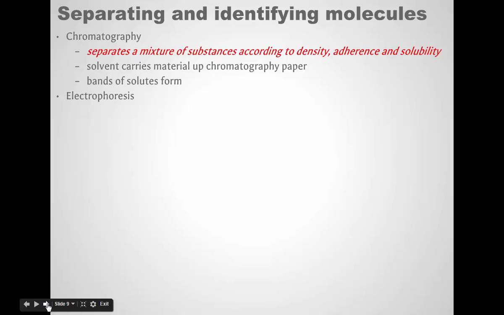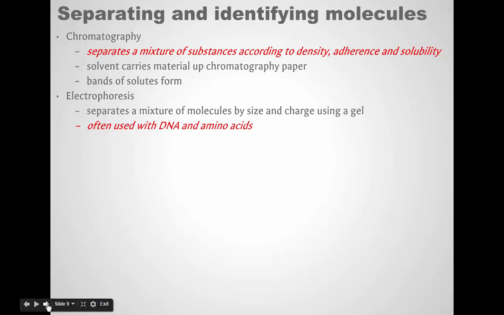Electrophoresis works kind of in a similar way, but using electrical charges to separate molecules. Electrophoresis is used often with DNA or the amino acids from proteins. If you've ever heard of a DNA fingerprint, if you watch CSI, they do these DNA fingerprints using electrophoresis.